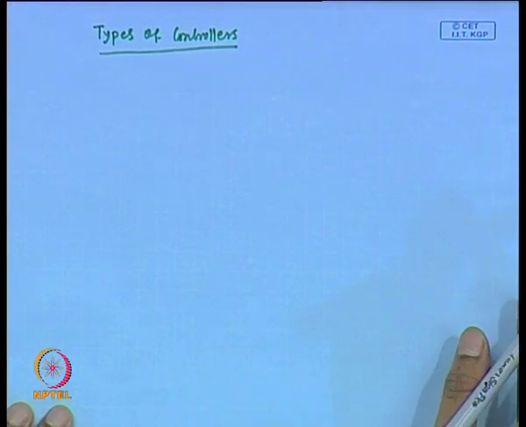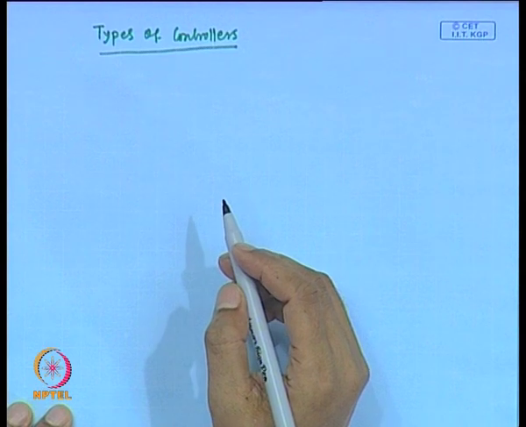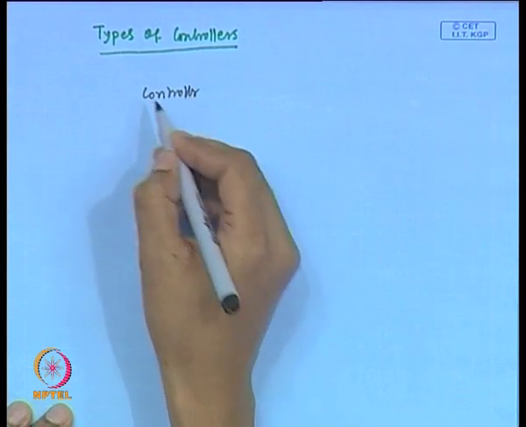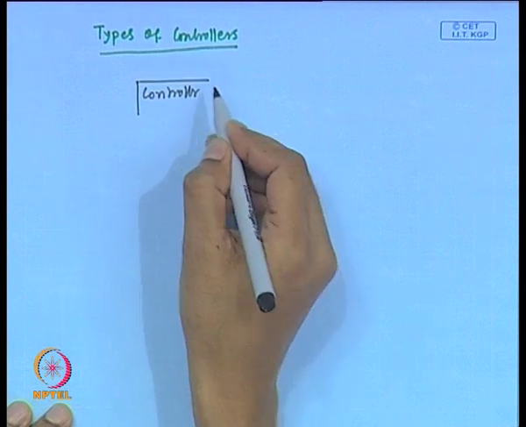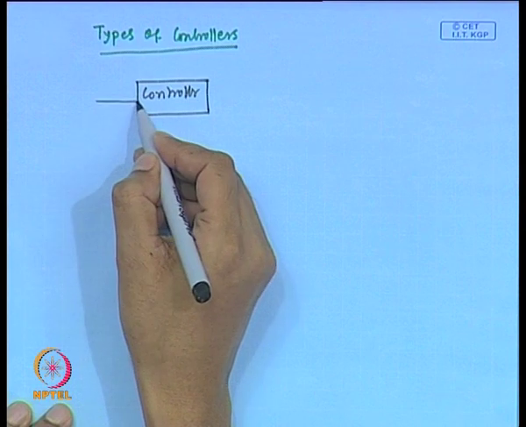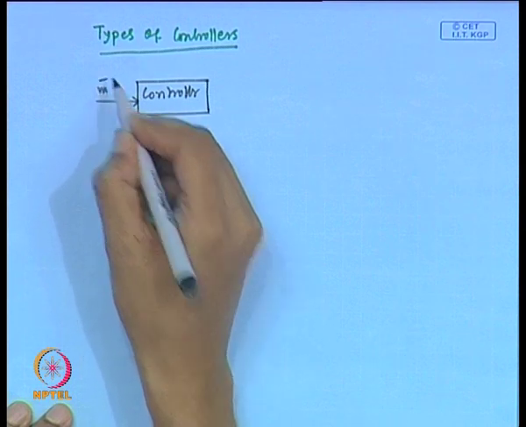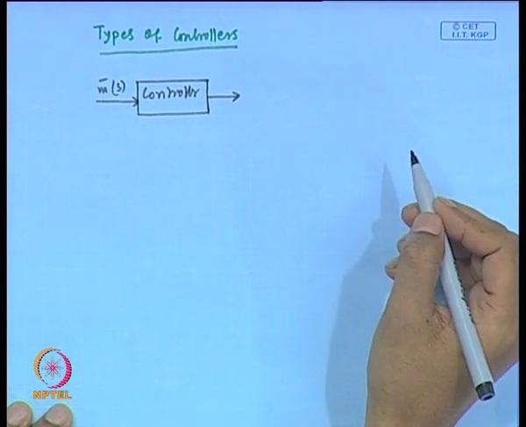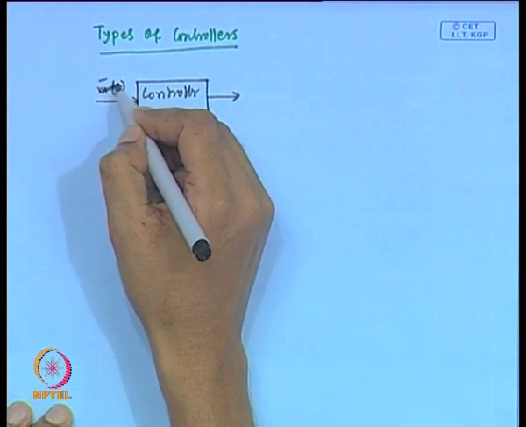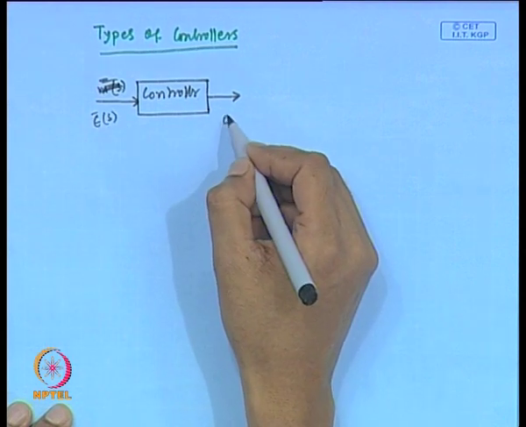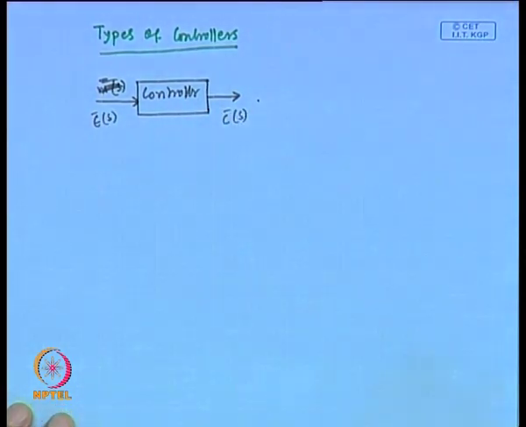Now, if we redraw the controller block, then we see that input is epsilon bar s and output is c bar s.